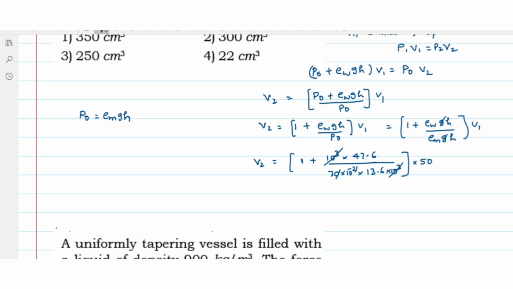When you substitute these values, V2 will be equal to 1 plus 47.6 by 7 into 13.6 into 10 power minus 1, which gives 9.52. Simplifying, 1 plus 5 is 6, into 50, so we get 300 centimeter cube. So 300 centimeter cube is the final answer.